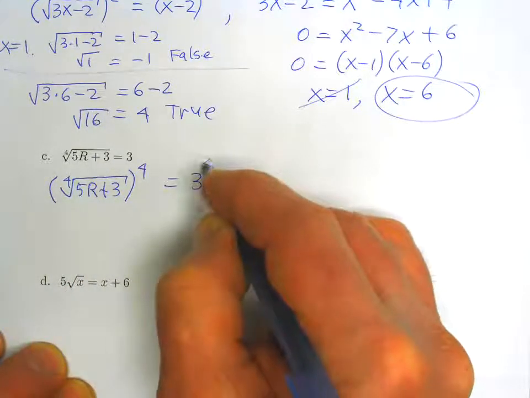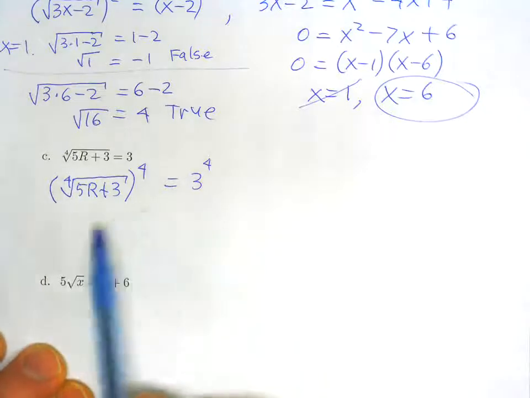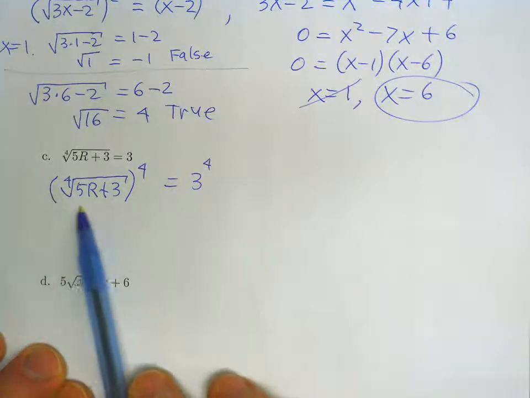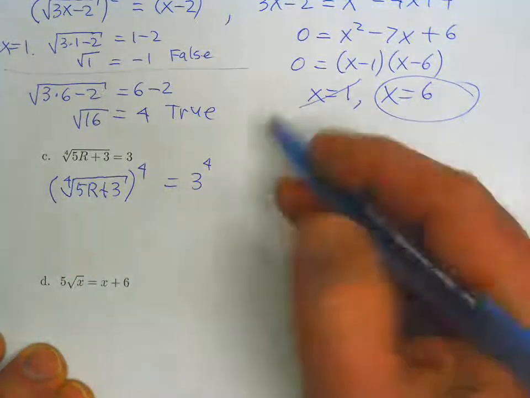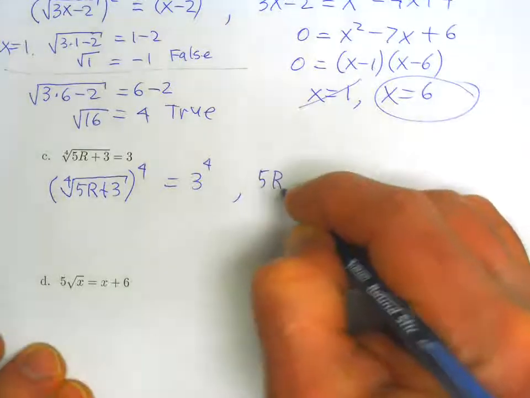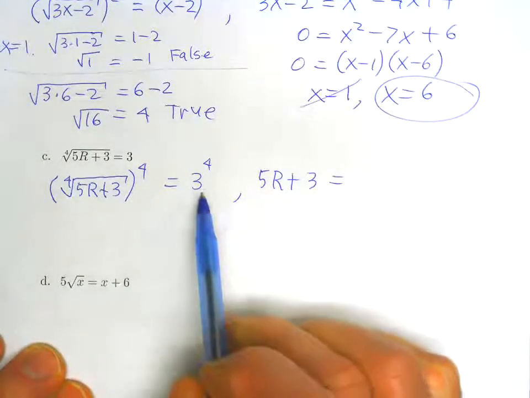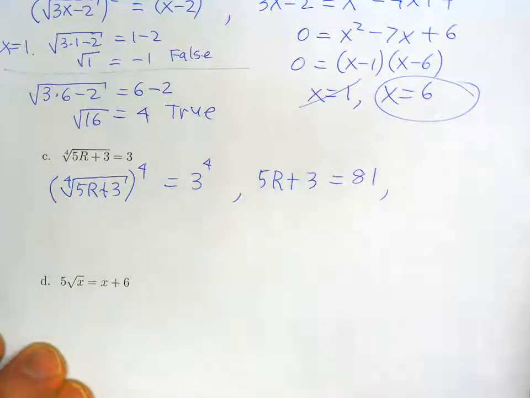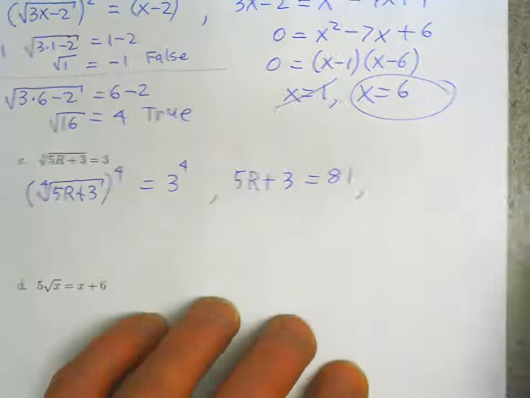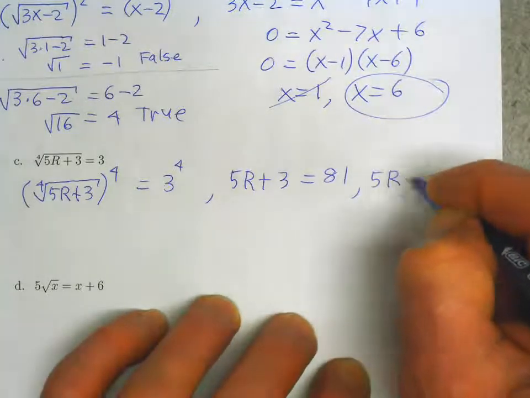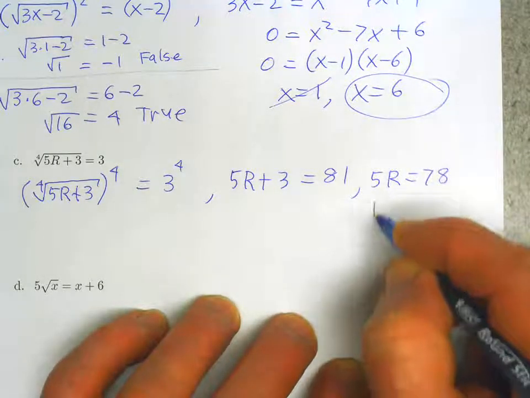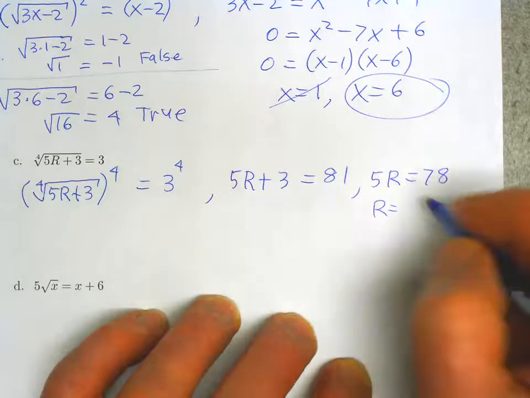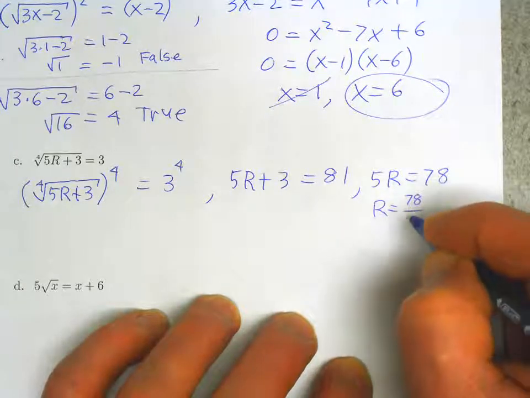When you raise the 4th root of 5r plus 3 to the 4th, you just get 5r plus 3. And when you raise 3 to the 4th, you get 81. And so we can easily solve for r. 5r equals 78. Divide both sides by 5, r equals 78 fifths.